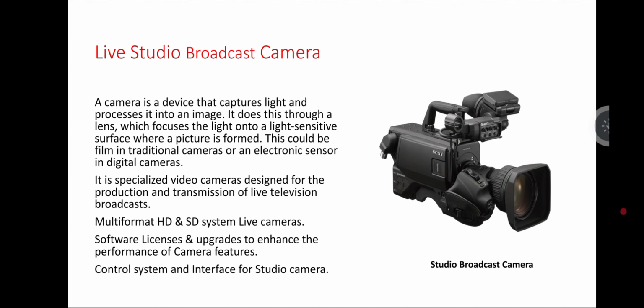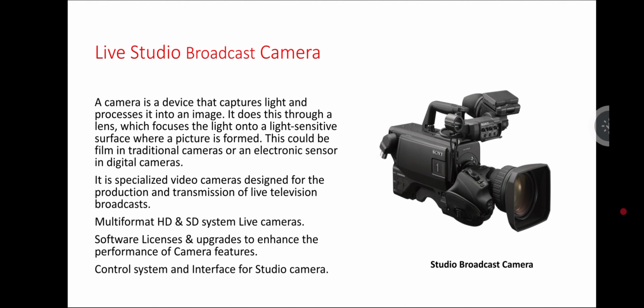It does this through a lens which focuses the light onto a light sensitive surface where a picture is formed. This could be a film in a traditional camera or an electronic sensor in a digital camera.